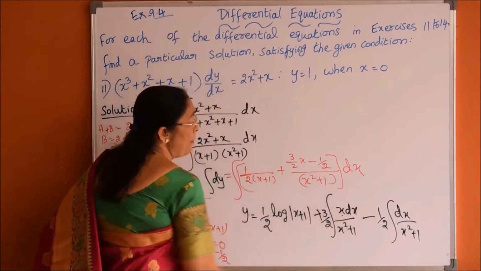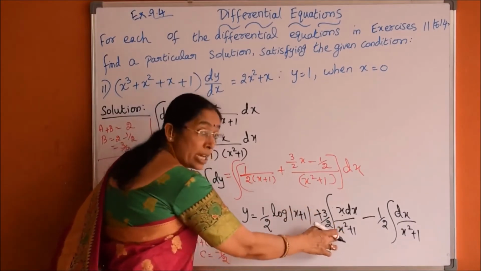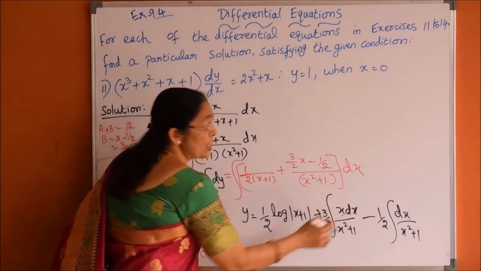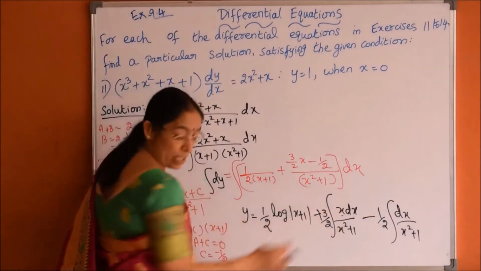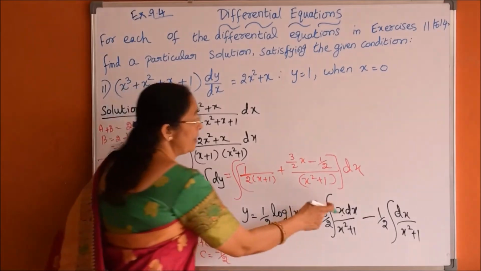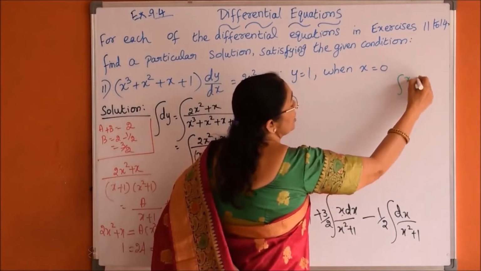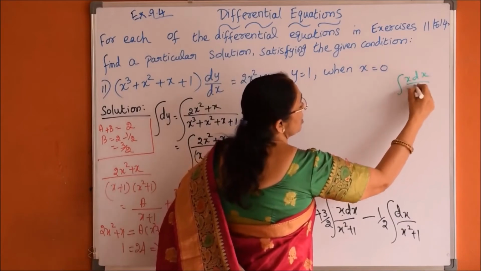For this first integration, if we substitute x² + 1 as t, we will get 2x dx as dt. Let me take only this particular part and write the integration directly here. I need the integration of x dx divided by x² + 1.